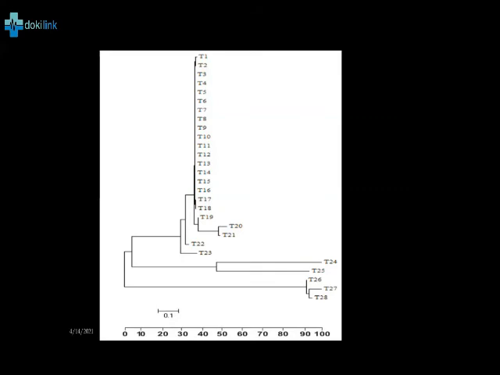So percentage homology gives you an idea that isolates within 90% homology are closely related and either from the same source or from the same species.